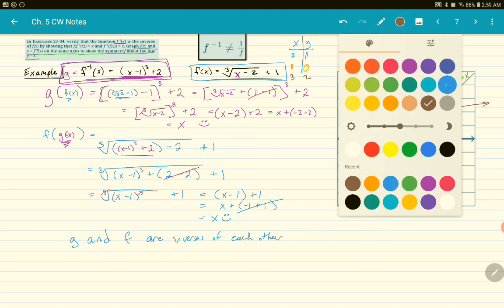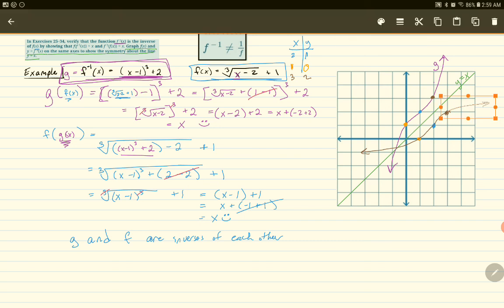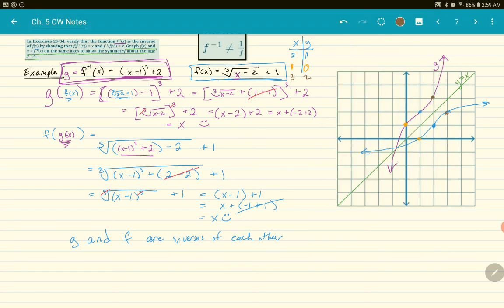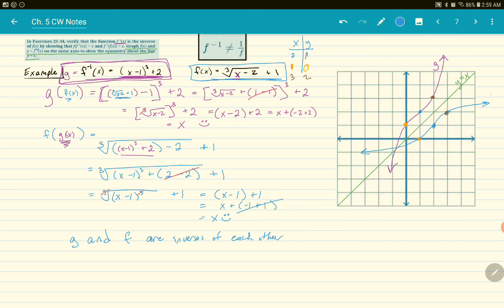Let's see if I can just change that to blue, since my f was supposed to be blue. There we go. So now I've got my f in blue, my g, or my f inverse, in purple, and the green line is a line of symmetry.